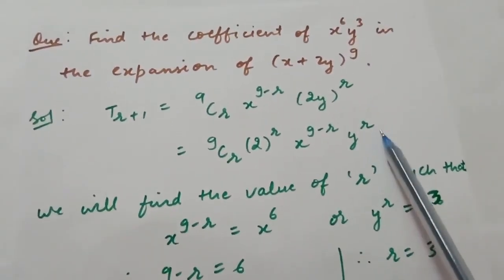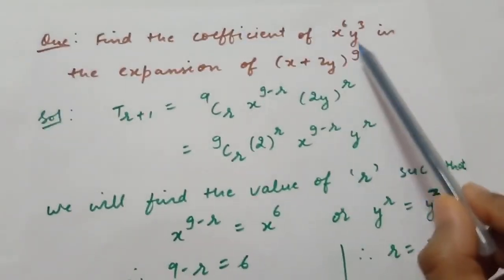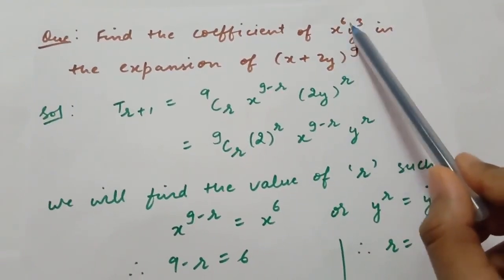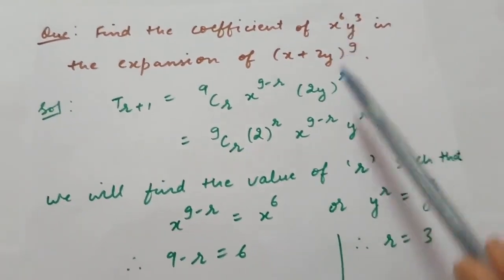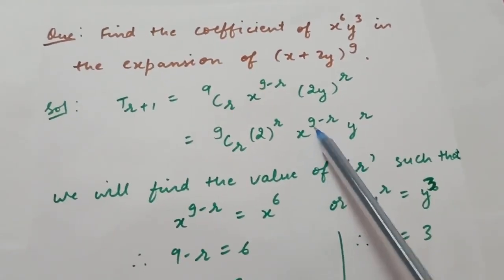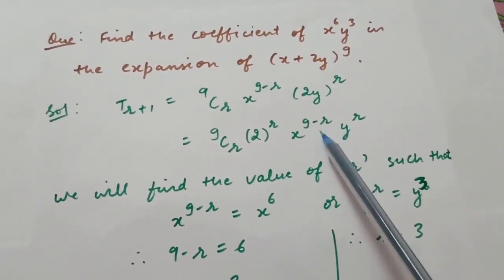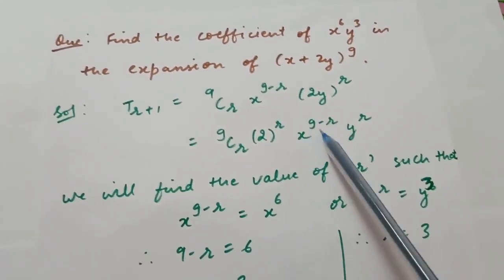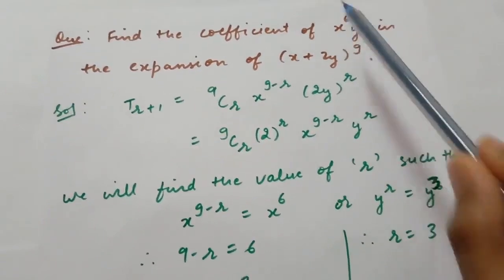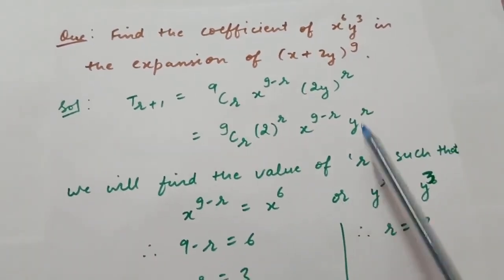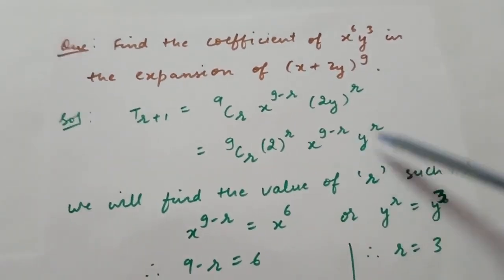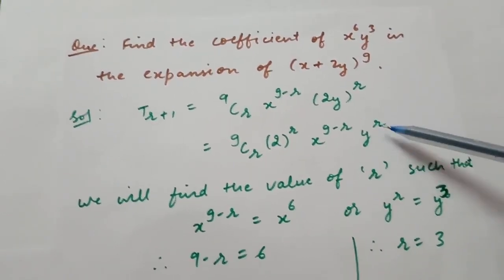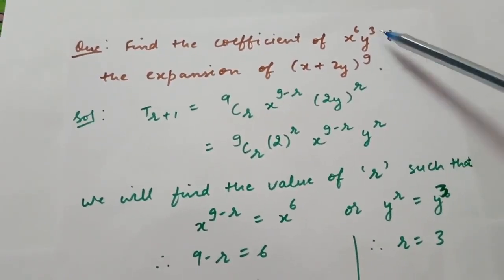Now we want to find the coefficient of this, right? So here it is x raised to the power 6 and here it is x raised to the power 9 minus r. We want that this should be equal to x raised to the power 6, or you can compare the powers of y, that we want y raised to the power r to be y cube.